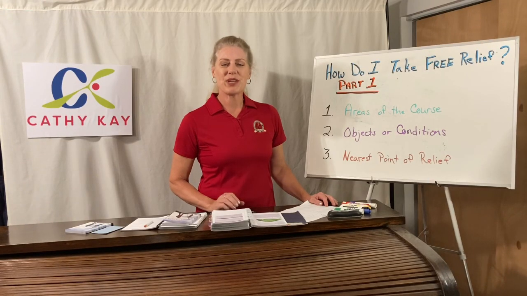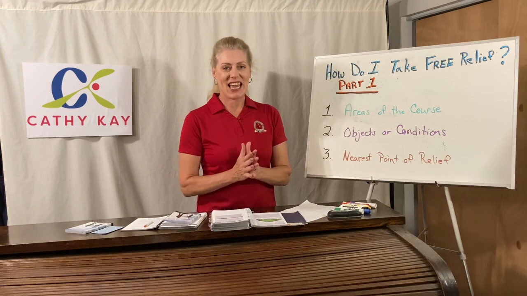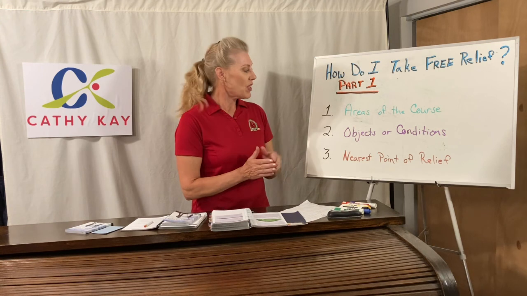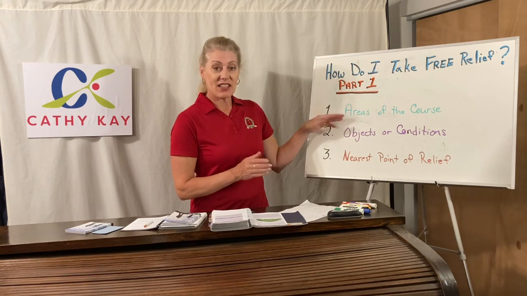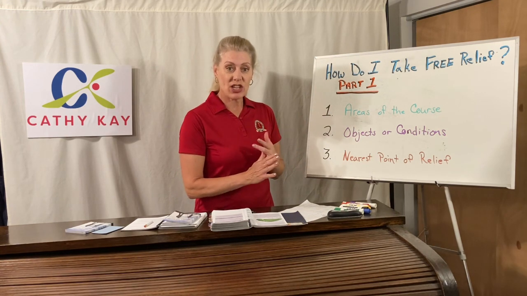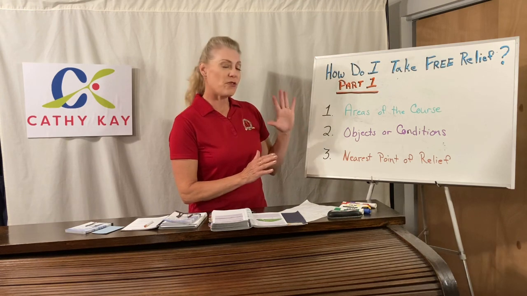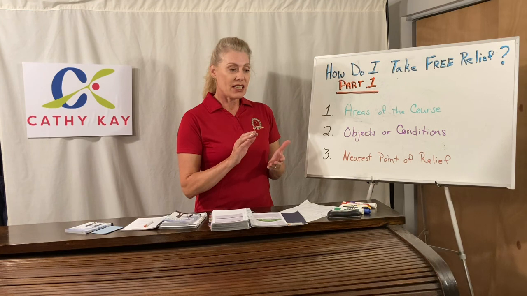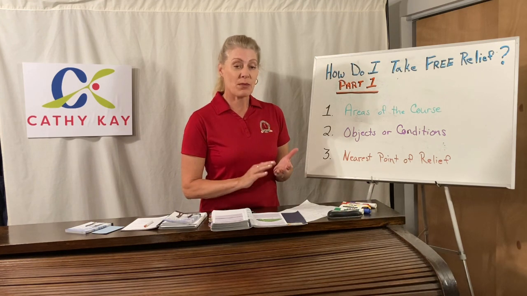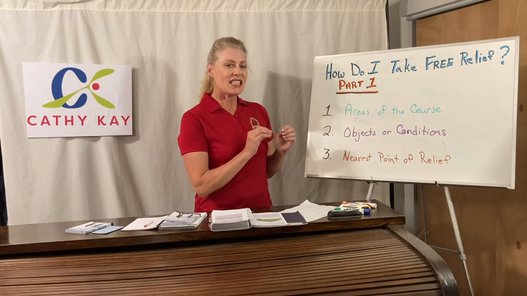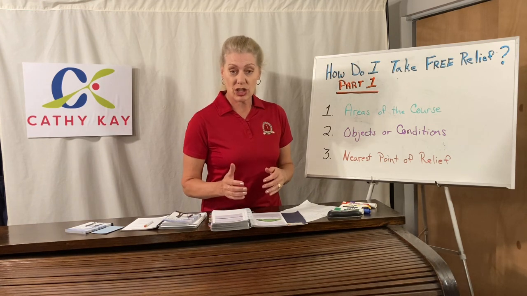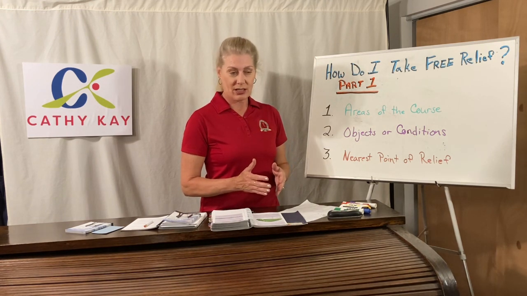So, a quick recap of what we looked at today in part 1 of How Do I Take Free Relief. We took a look at the definition and the illustration that taught us what the 5 areas of the course are. And we learned why it's important to know that, because different areas of the course allow special privileges or have different restrictions.